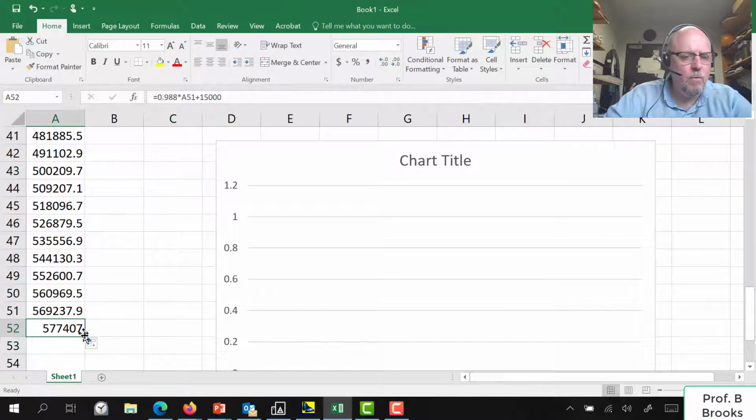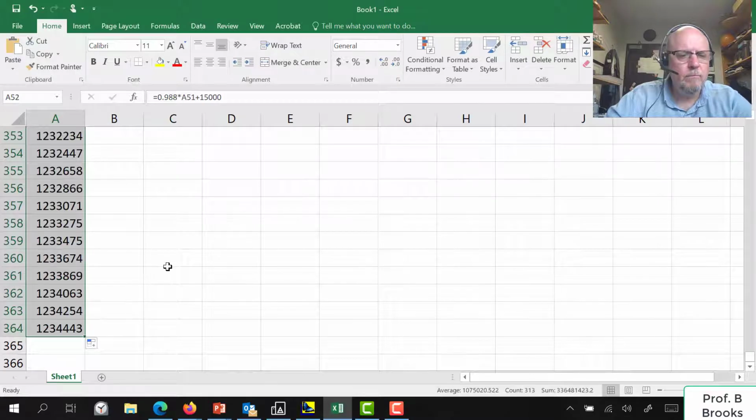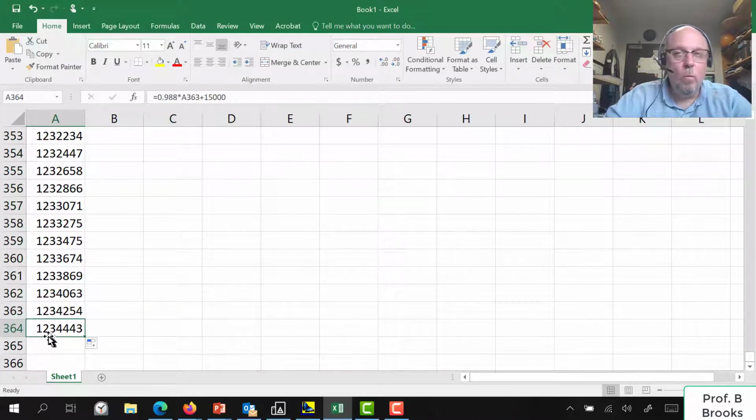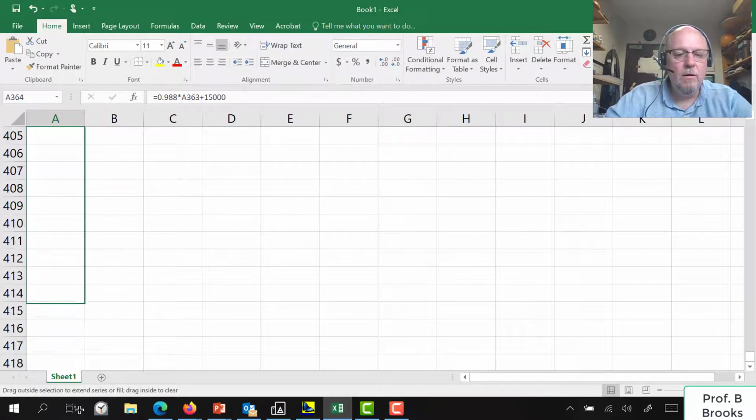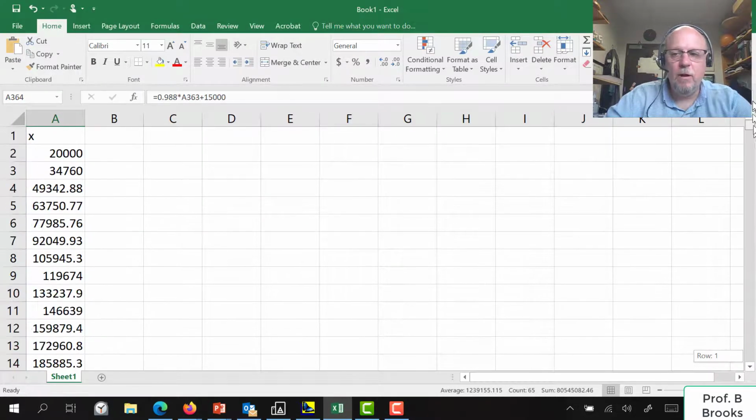It seems to be growing, growing, growing. And it's growing towards that 1.25 times 10 to the 6 number. It looks like it's going towards that equilibrium. So I started out below, and it's growing towards that equilibrium.